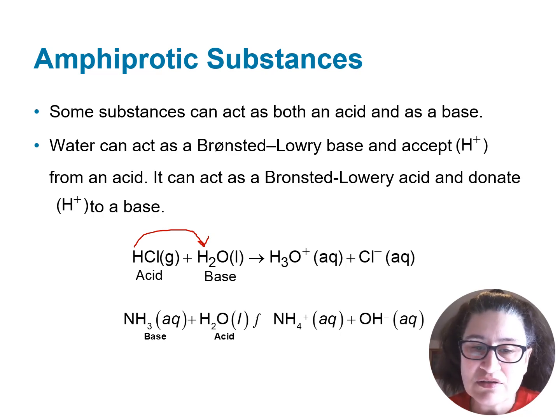In the equation below it, water is donating the H to the NH3, because on the other side of the reaction, it's NH4. So NH3 accepted the proton. In that case, water is acting as the proton donor, so it's being the acid. So water is one of those substances that can be an acid or a base, and we call those substances amphoteric.